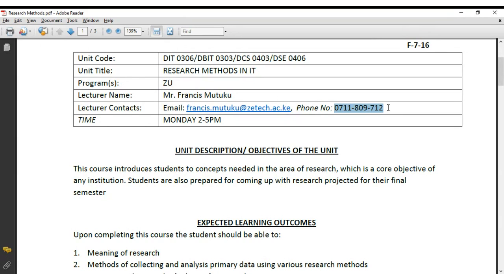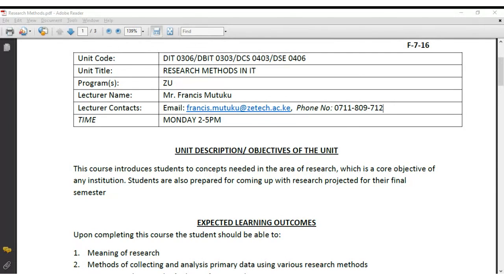I will also require that your class rep opens a WhatsApp group for this. Now, I'm already in a WhatsApp group for DIT, and so I want the different groups to open WhatsApp groups for research.